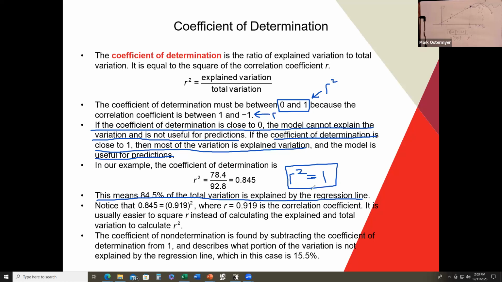But R squared gives us the percent of variation of the dependent variable Y that is attributed to the variation in the independent variable X. And so this coefficient of determination is very helpful in using in conjunction with R to determine what type of linear relationship we have and also the strength of the linear relationship we have.